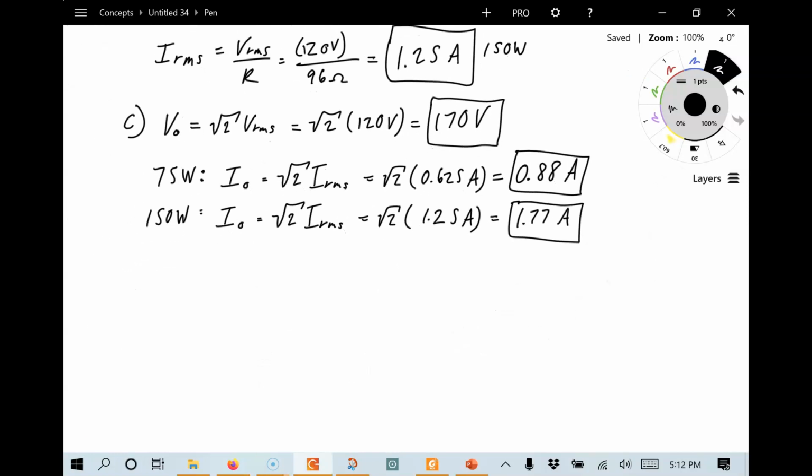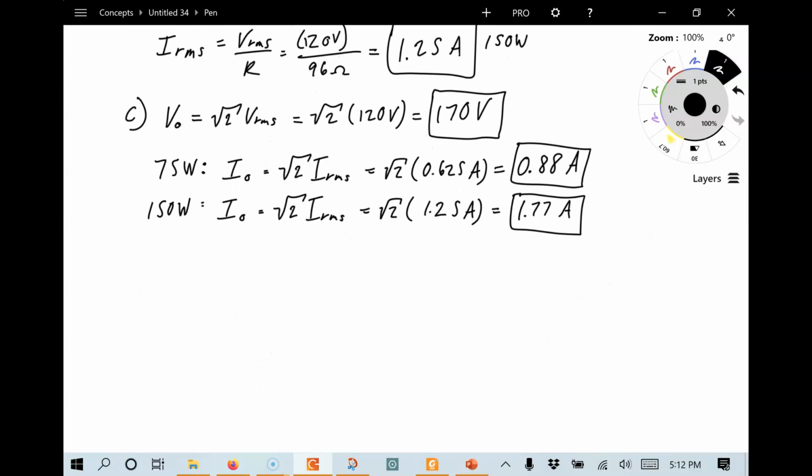Well, just to quickly think about it, if we go ahead and plot the voltage as a function of time here, what the peak value means is that, actually, I'm just doing the voltage.